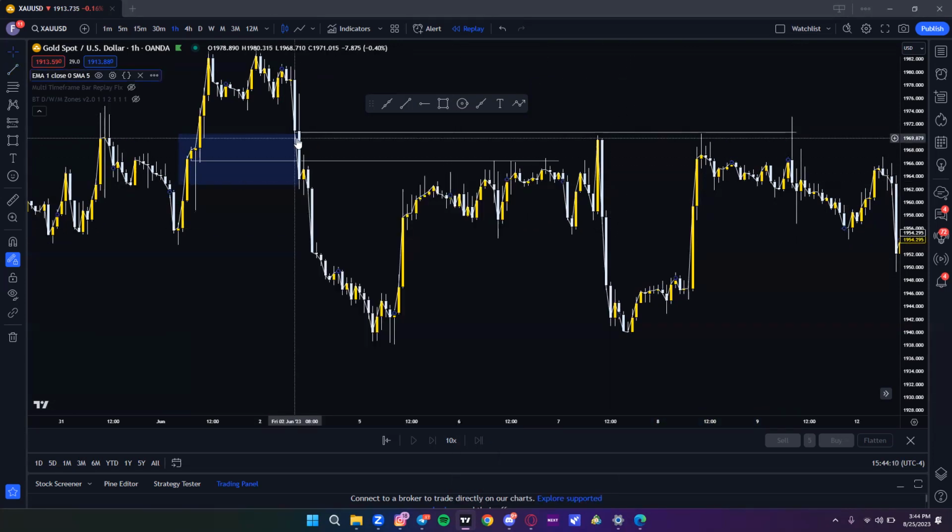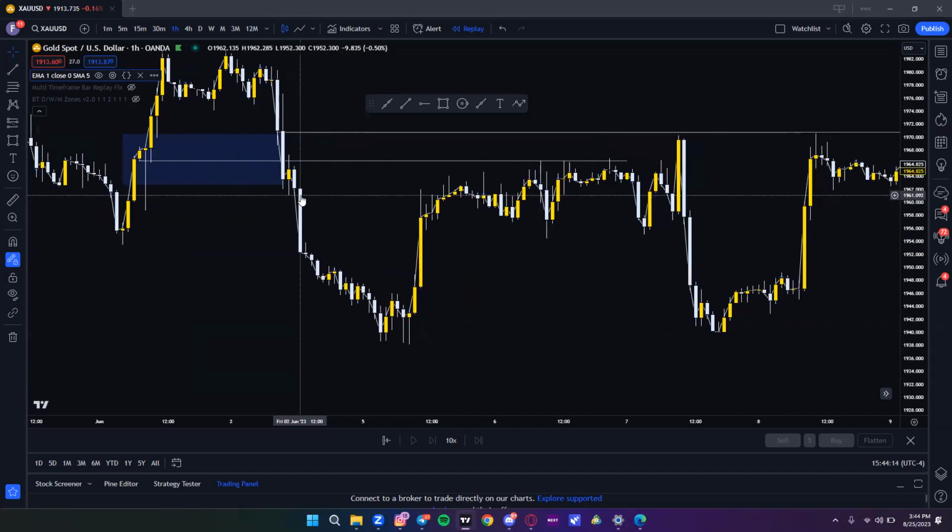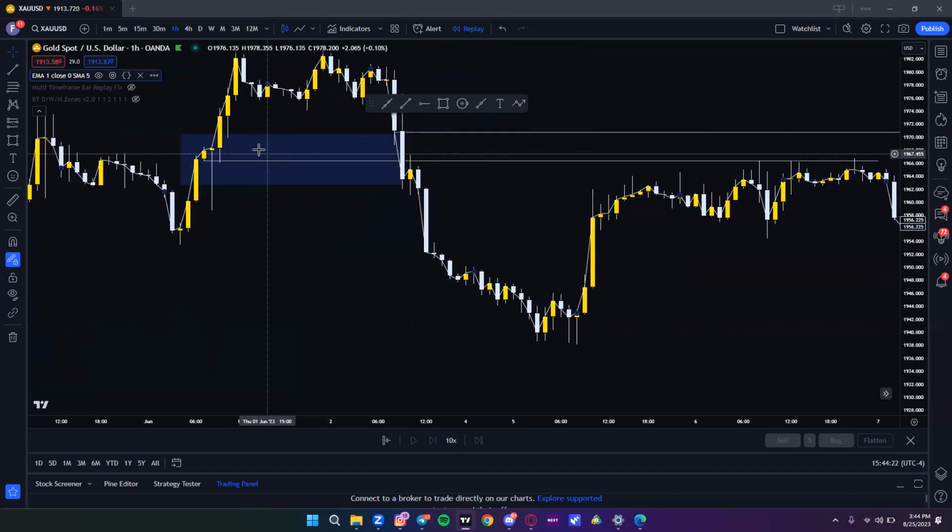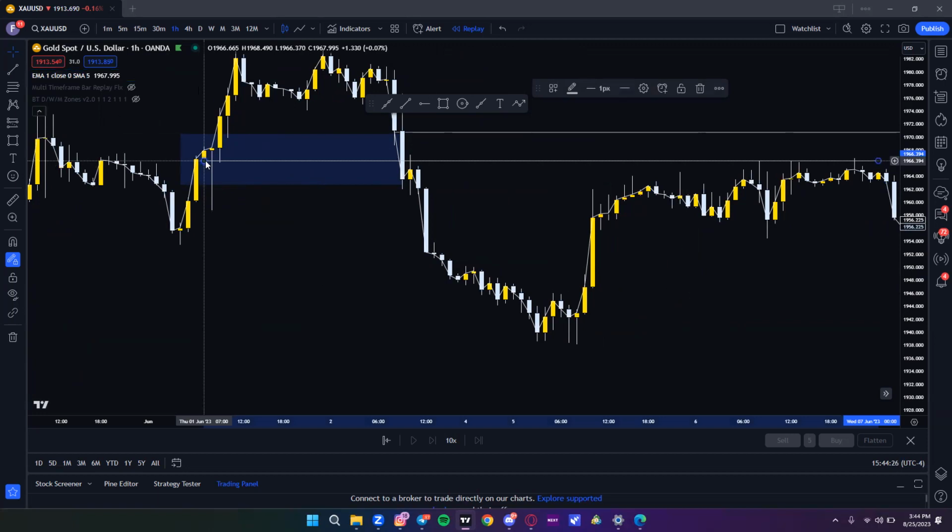You see that price broke down. It was a quick retest. But as you can see, the logic is this is a decision level, and it's already been confirmed with this rejection.